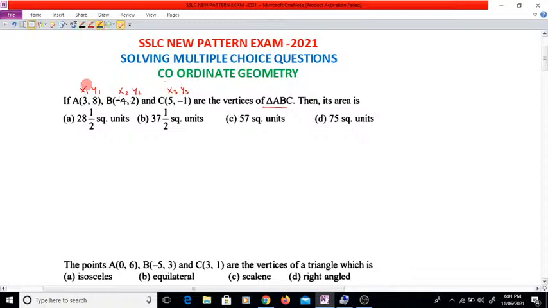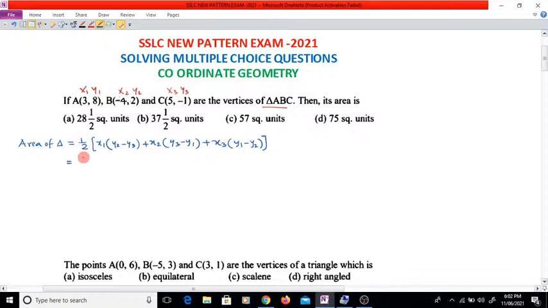So now as we know, the area of the triangle is equal to 1/2 into bracket x1 into (y2 minus y3) plus x2 into (y3 minus y1) plus x3 into (y1 minus y2). So this is the formula to find the area of the given triangle.